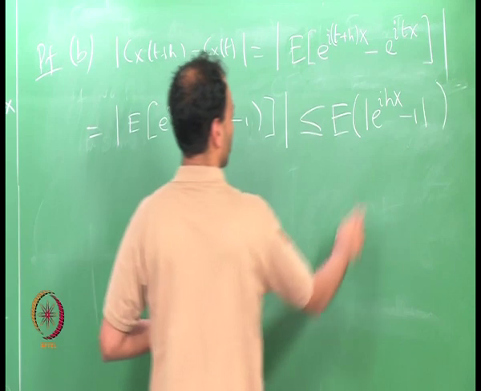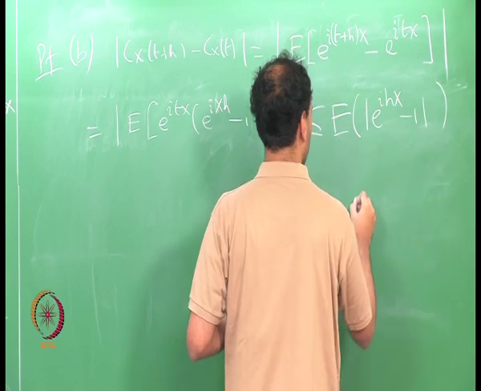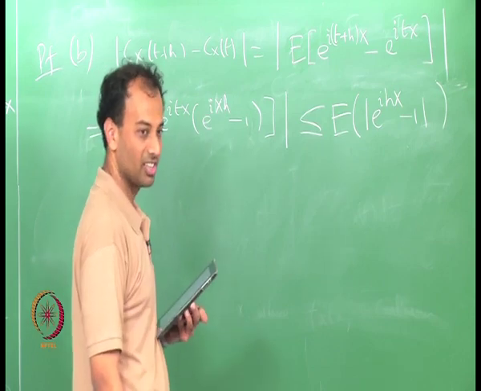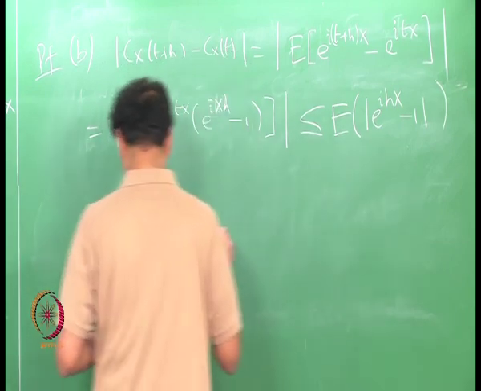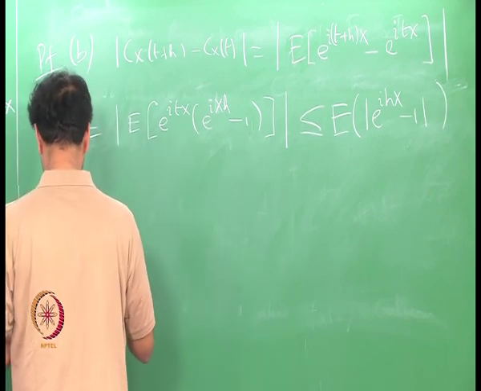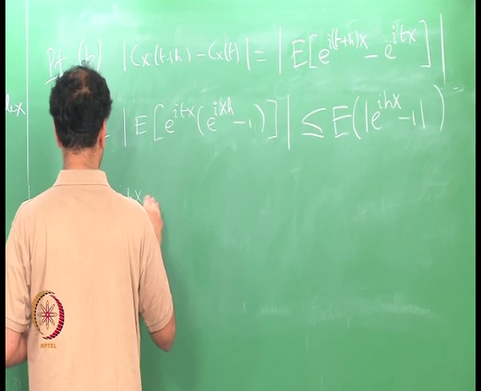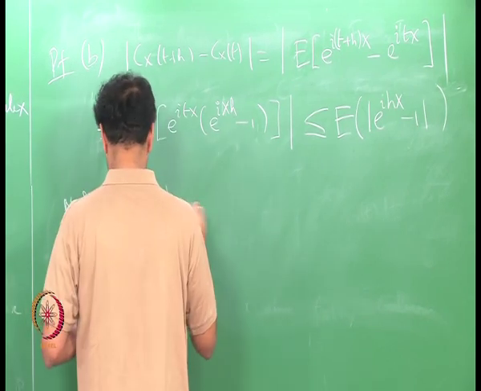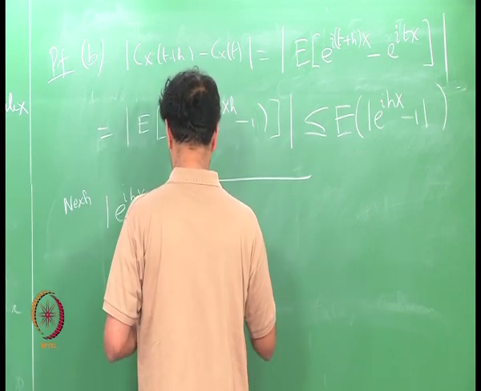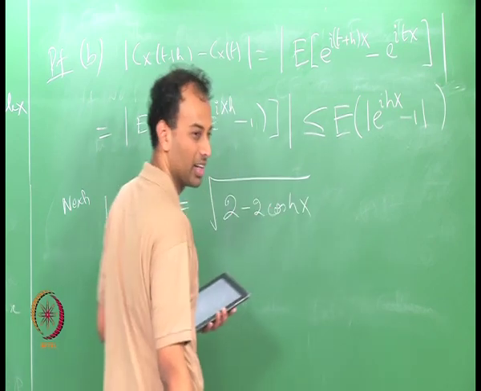If you write e to the power ihx as cos hx plus i sin hx, then the absolute value of e to the power ihx minus 1 is equal to the square root of 2 minus 2 cos hx, just trigonometric identities.